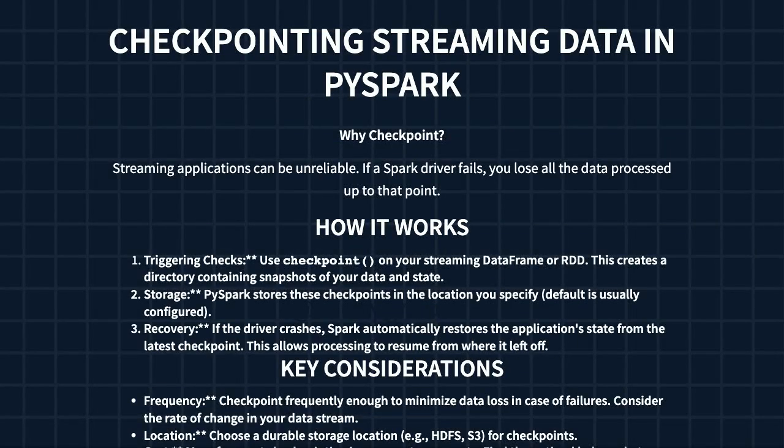Okay, let's talk about how to handle data loss in PySpark streaming applications. It's a really important topic. When your Spark driver goes down, you can lose all the work that's been done up to that point. That's where checkpointing comes in. Essentially, checkpointing is like taking snapshots of your data and the application state at regular intervals. You trigger these snapshots using checkpoint on your streaming data frame or RDD.